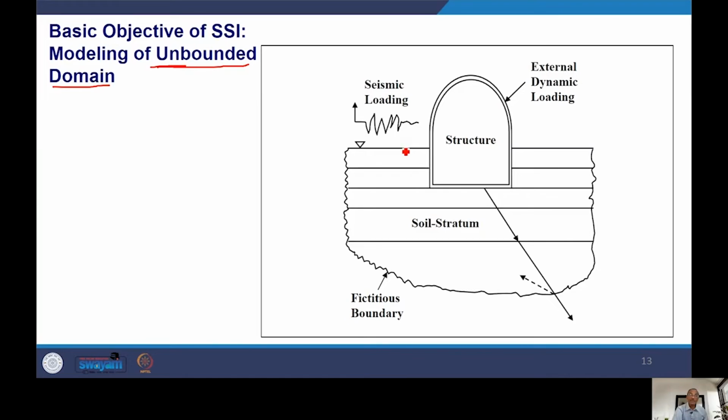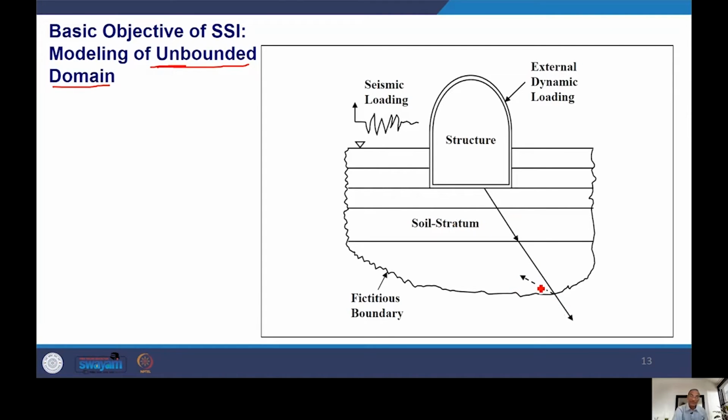But once you place this boundary at some depth below the structure, this boundary will reflect some part of the wave back to the structure, though some part may still continue to go. If this boundary would not be there, the wave would have continued to infinity and would not be reflected back to the structure.